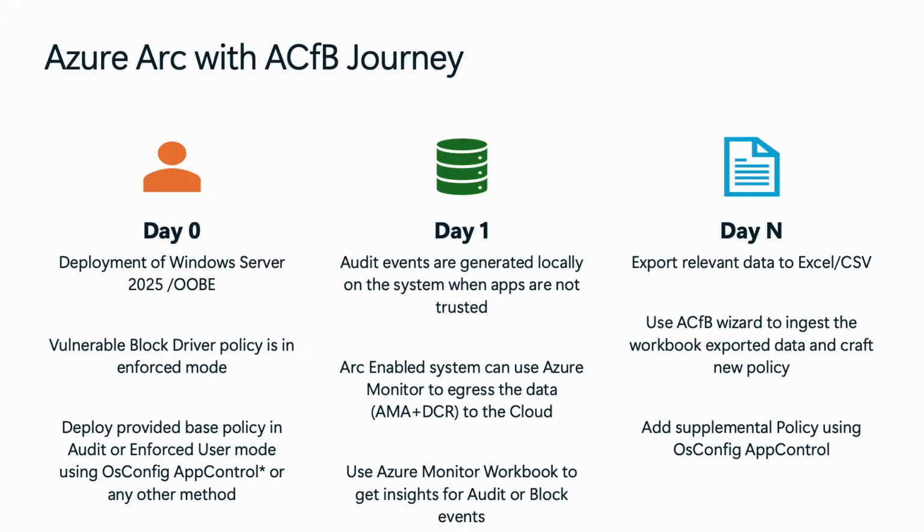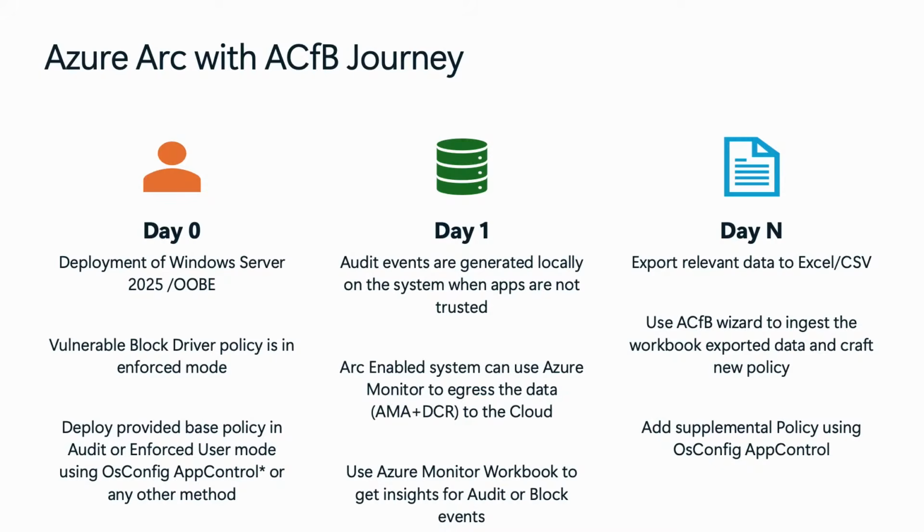So in order to do that, there are two basic steps. Number one, as you know, you want to deploy at least one policy for app control to start understanding the code integrity posture of your systems. After you do that, ideally, you will have your Arc-enabled systems reporting to Azure Monitor.